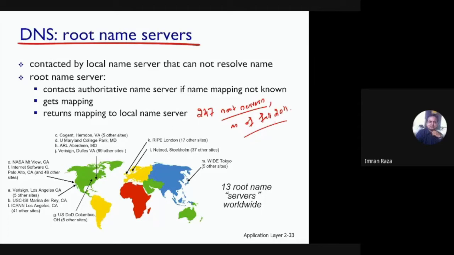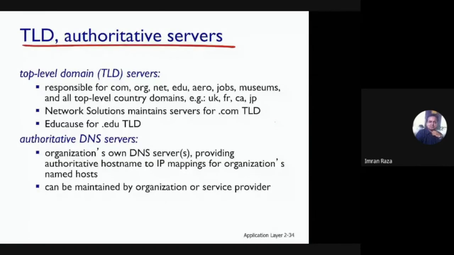And then what happens is that we first contact the root DNS server to get the IP address of a specific server, and then this root DNS server forwards it to the top level domain server. Then the top level domain server forwards it to the authoritative DNS server. That we'll see in a minute with the help of an analogy. Let's first try to understand the main functionality of each of these servers in this hierarchy.